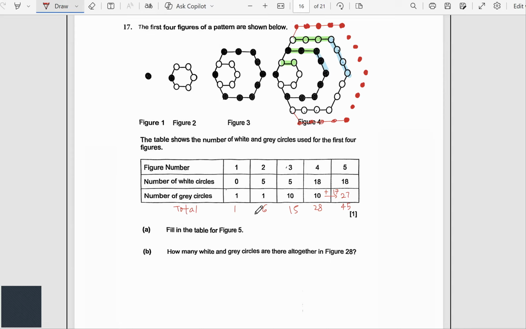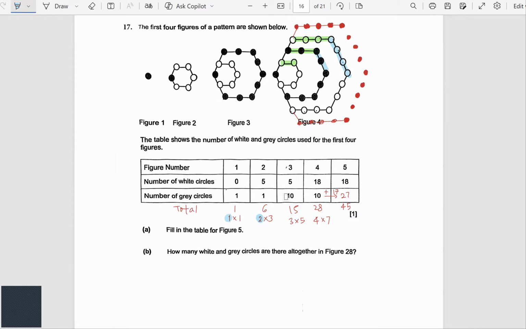So what we do is this 1 is 1 times 1. 6 is 2 times 3. 15 is 3 times 5. This question is difficult because the pattern is actually quite hard to observe. And this is actually 4 times 7. Okay, so if you notice, this is a 1, 2, 3, 4, and so on.